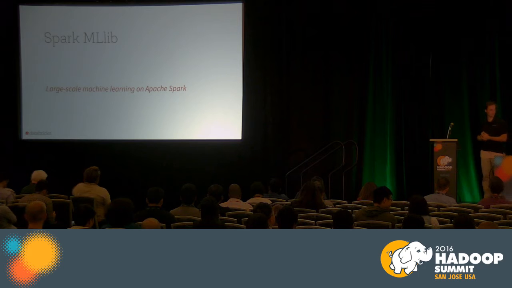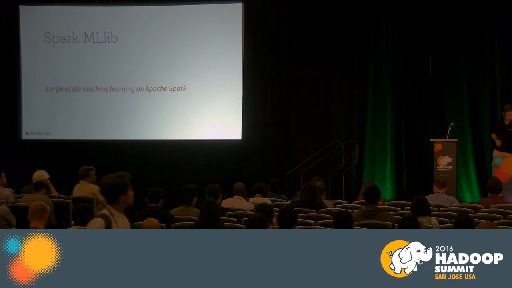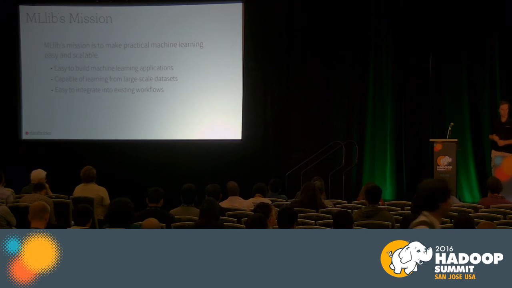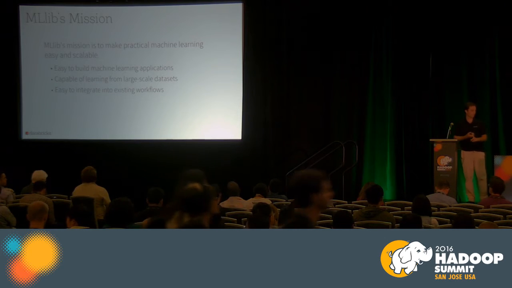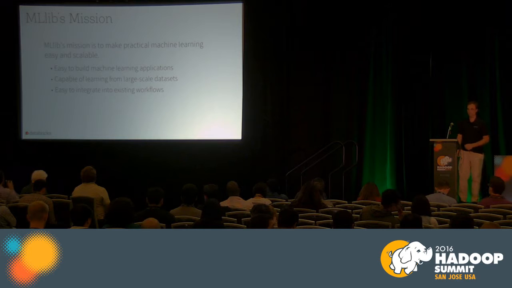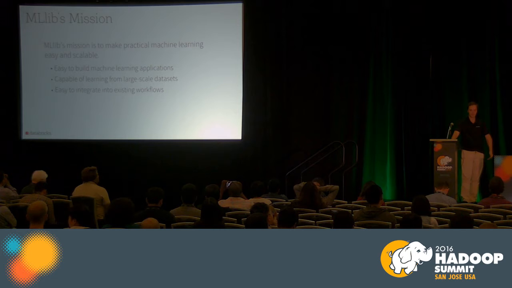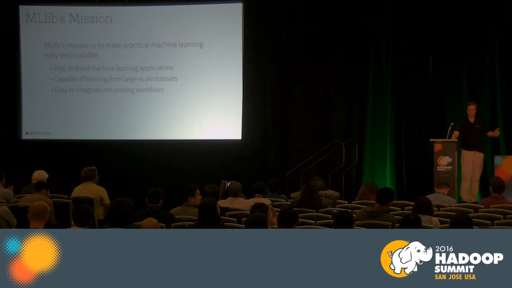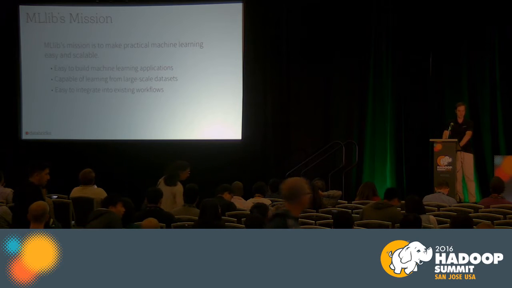MLlib is the library that provides large-scale machine learning solutions to Spark. Its mission is to make machine learning practical, easy, and scalable. The goal of MLlib is to make sure that you can easily build machine learning solutions that are useful for data science teams or data engineering teams.